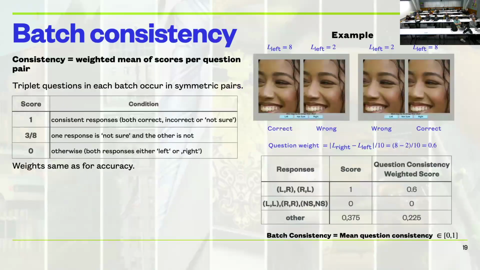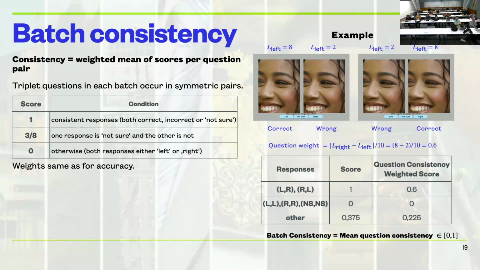Likewise, we get a batch consistency from 0 to 1 using the following definitions. Here in this example you see again the same comparison, but it comes as a symmetric pair, comparing a level 8 with 2 and a 2 with 8. Same images, only in reverse order. So the correct answer for the first question is left, and for the second question is right.